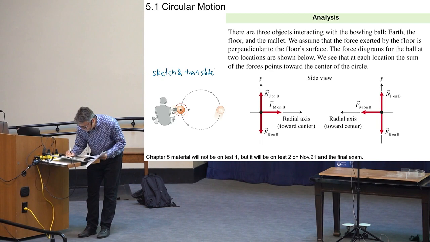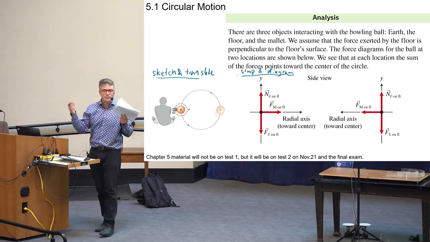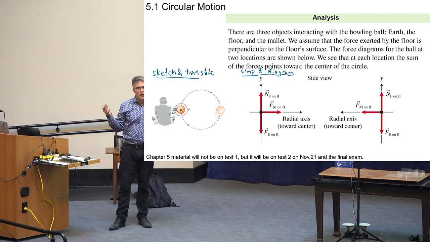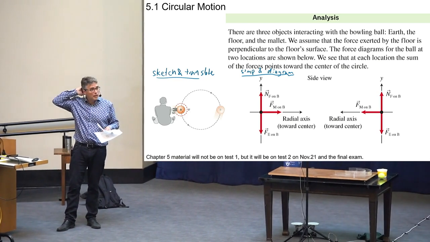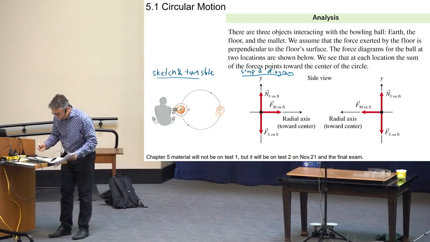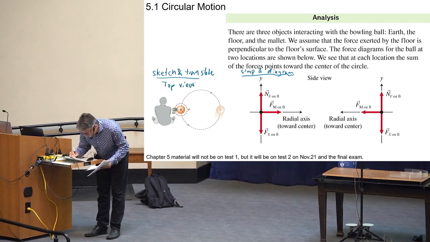The way I think of those two steps is that the sketch and translate is when I'm just kind of organizing my thoughts and trying to picture what's going on. And then the simplify and diagram, force diagram, is where I'm really trying to put letters on things and get my Newton's second law equations set up. So this is like a top view to remind me what's happening.